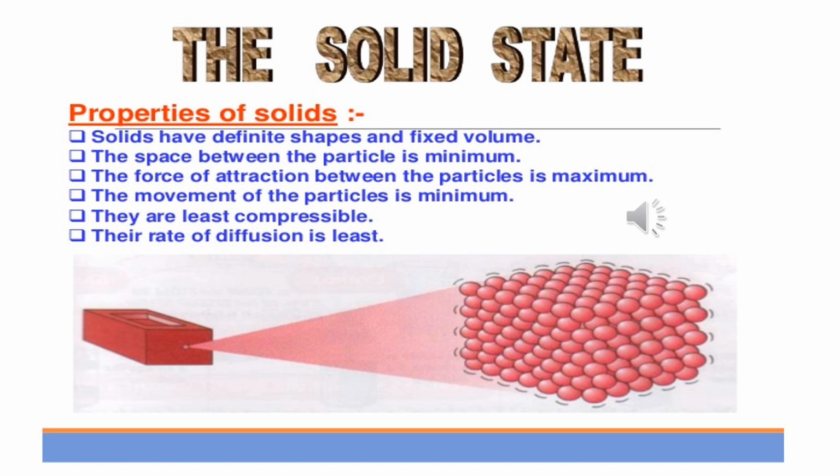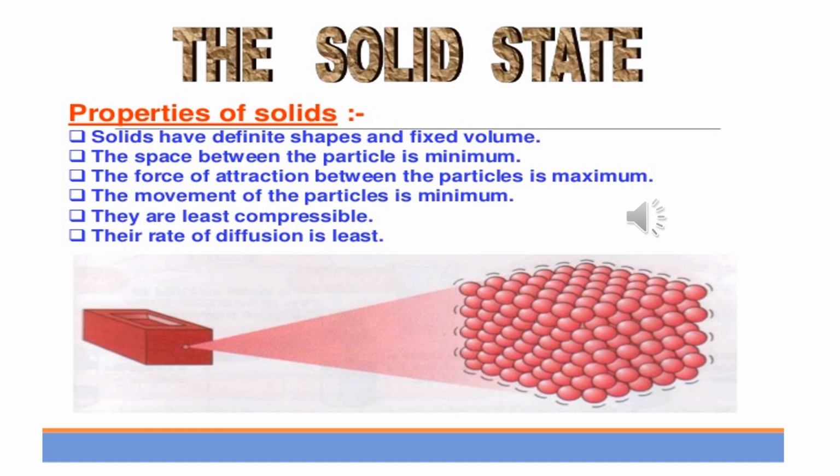And as they do not have enough space to move, they possess minimum kinetic energy. The particles of solid just vibrate at their mean position. Also, the particles of solid are very close to each other, hence solids cannot be compressed easily.